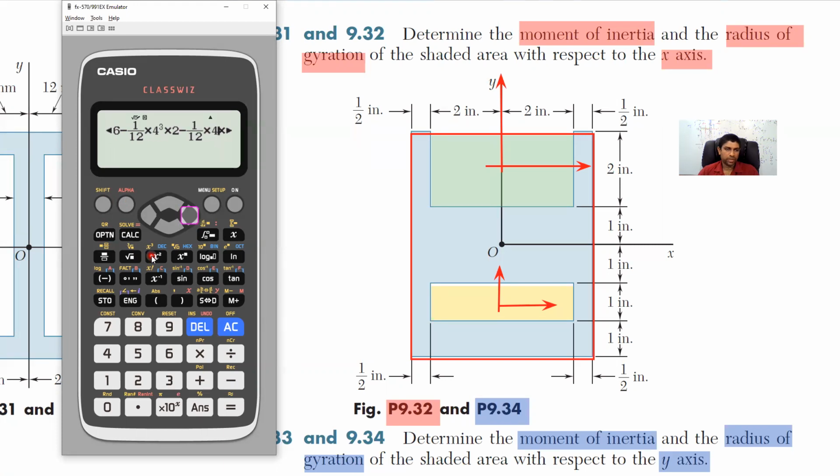This is 1/12 times 4 cubed. The equation is 1/12 bh cubed. No?